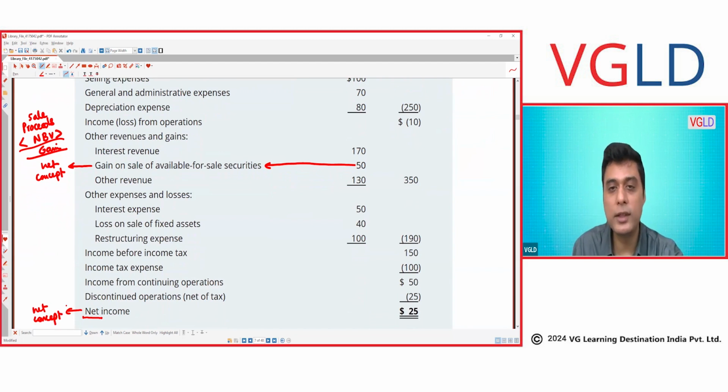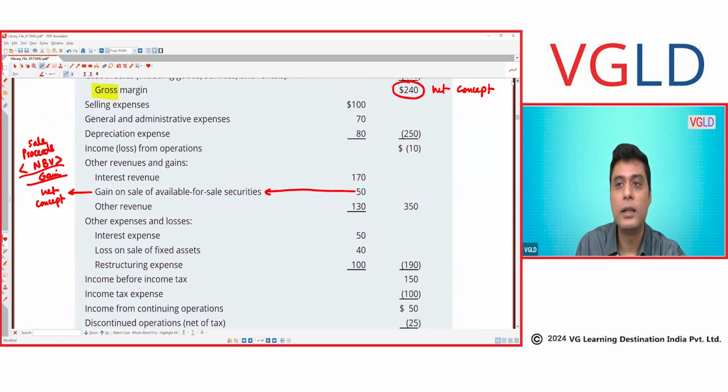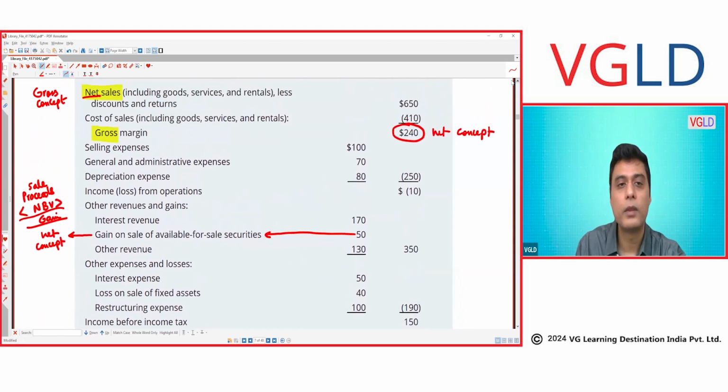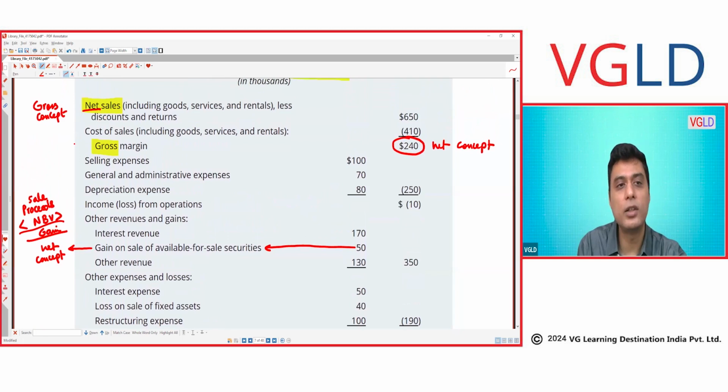You get questions on these. That is why I'm spending time. Don't think that this is a waste of your time. They ask you specific questions. Net income falls under the net concept. Gross margin falls under the gross concept, because net sales and cost of goods sold both are gross.